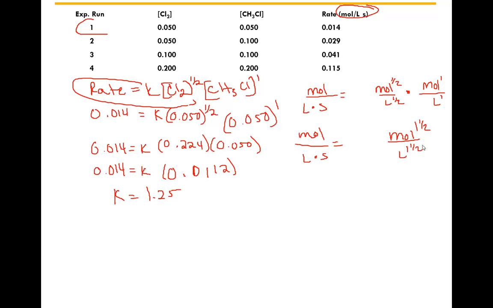I need to get rid of one of these halves, and I need seconds in there. So that means K is equal to 1.25 liters to the 1/2 per mole to the 1/2 second. And that's how you do the rate law.